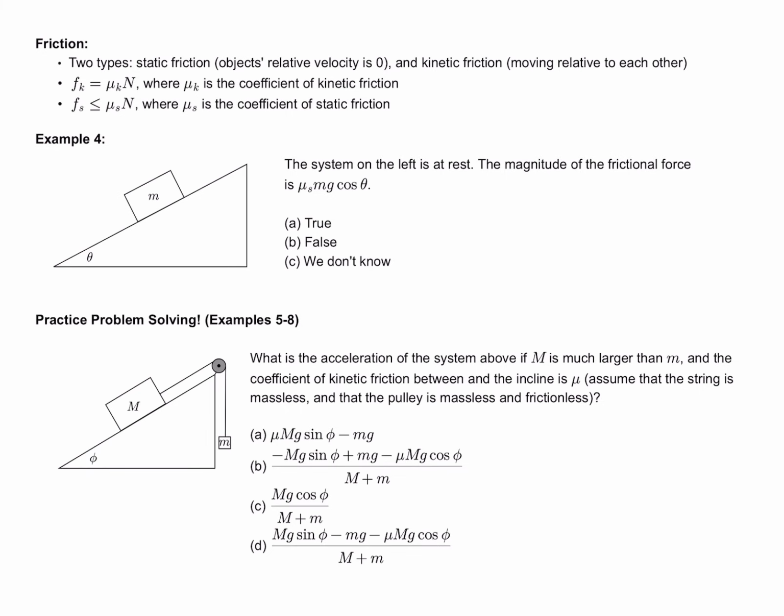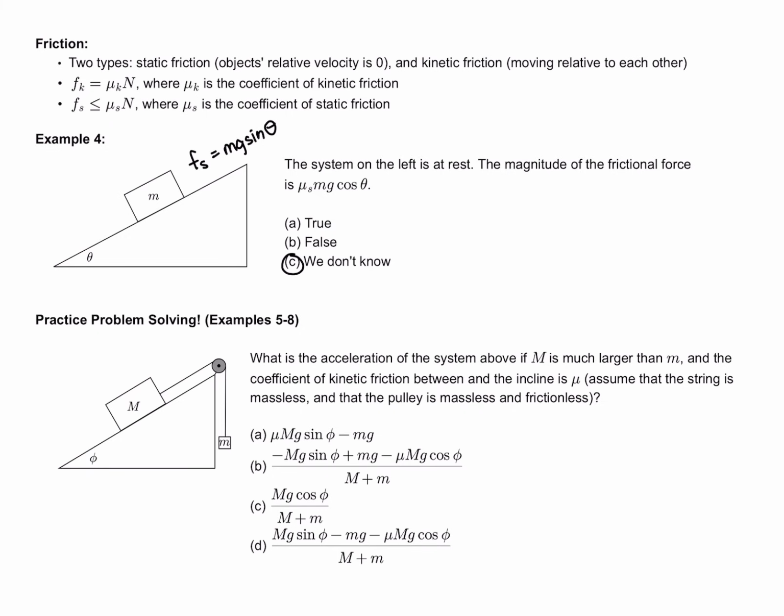So in example 4, they say the system is at rest, so the mass isn't moving, and the magnitude of the frictional force is mu s mg cosine theta. Basically mu s times the normal force, as you should know for an inclined plane. They're asking, is that true, false, or we don't know? Based on what I said, the answer is we don't know. It could be at that max value, or it might not be. All we truly know is that the force of static friction is equal to mg sine theta, because it's balancing that component of gravity along the incline.